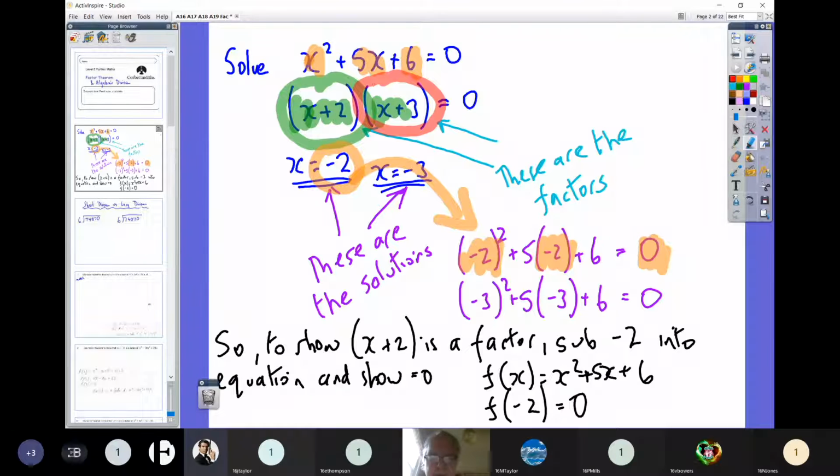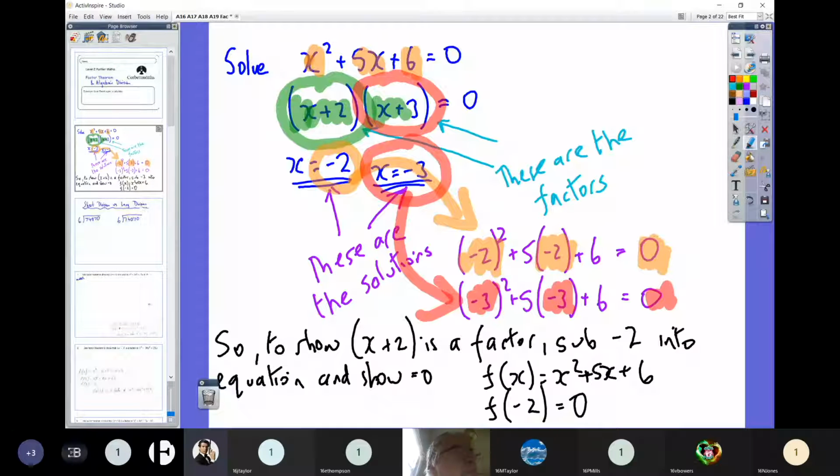We take -3, sub it into the equation, and just hope that we get 0, and we do. -3 squared plus 5 lots of -3 plus 6 is indeed 0. So that's what factor theorem is all about.